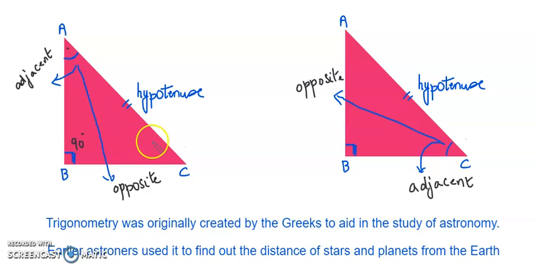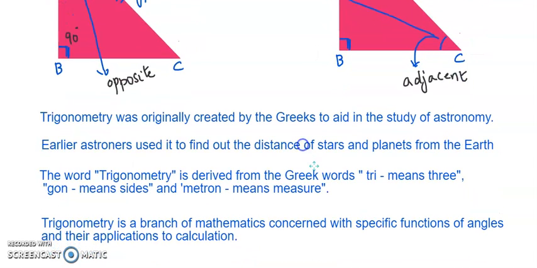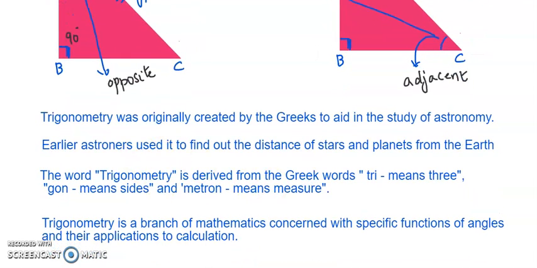Before we go into it, let's have a look at a little bit of the history and background of trigonometry. Trigonometry was originally created by the Greeks to study astronomy. What are stars? How are the star and moon related? How are the full moon, no moon, and phases of the moon, and how far a star is from a particular pole star?